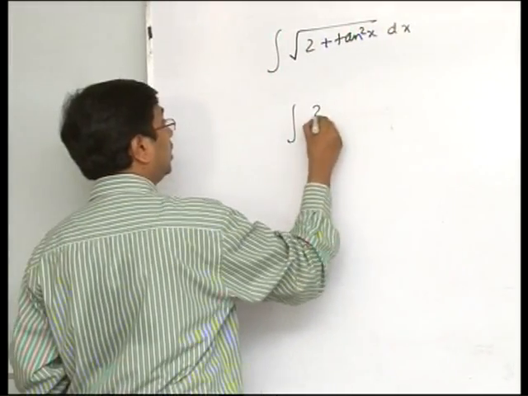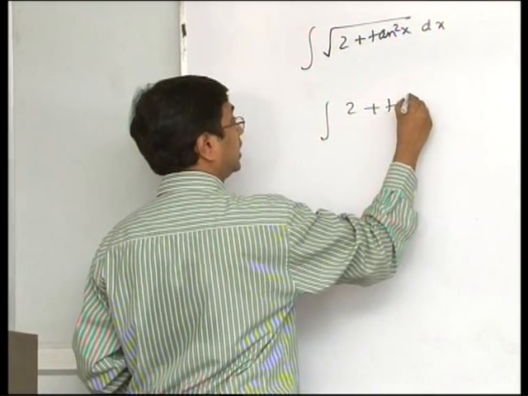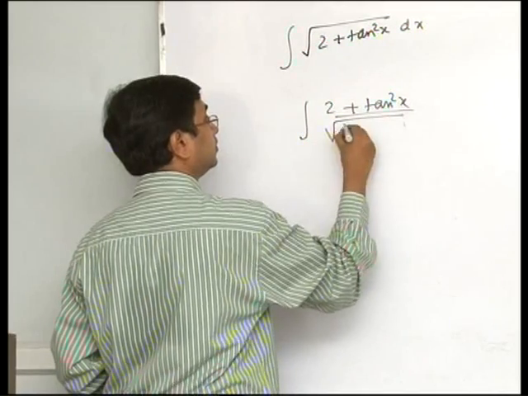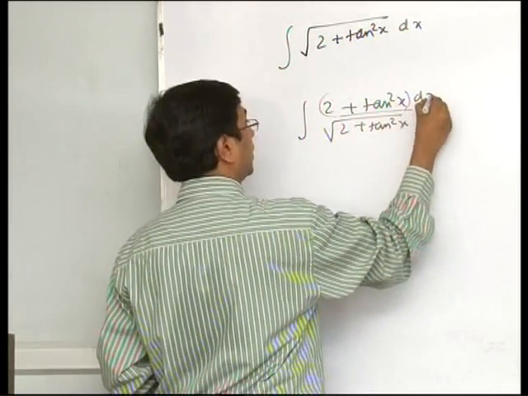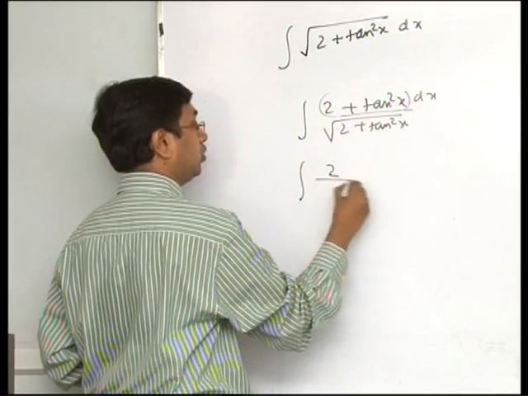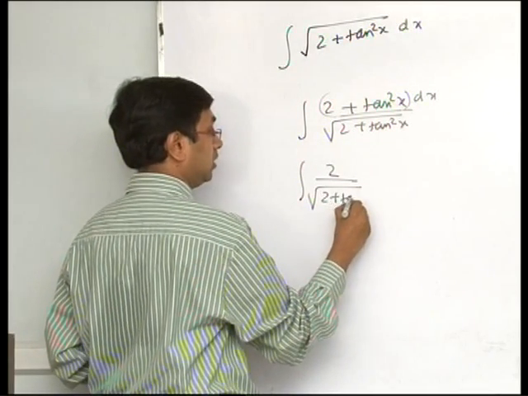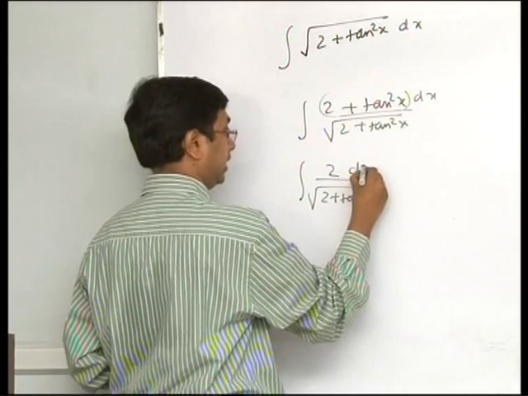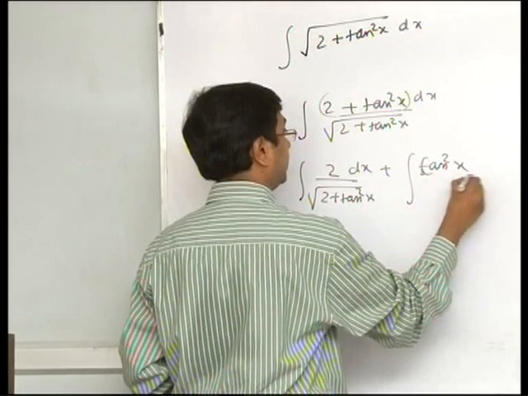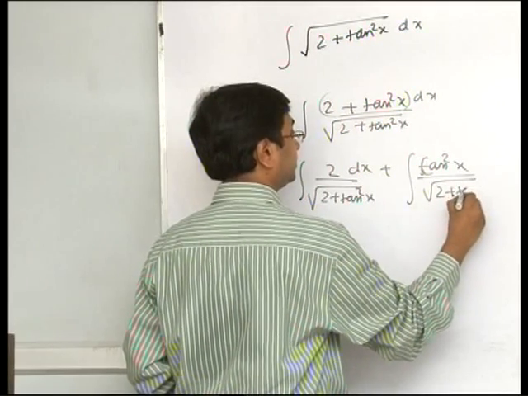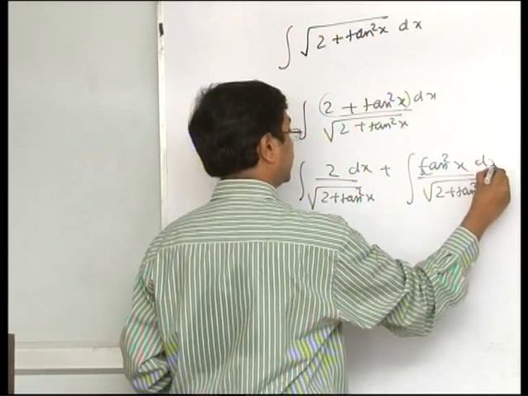So how do we go? The same method, you rationalize it. So it will become 2 upon root of 2 plus tan square x dx, and here tan square x dx.